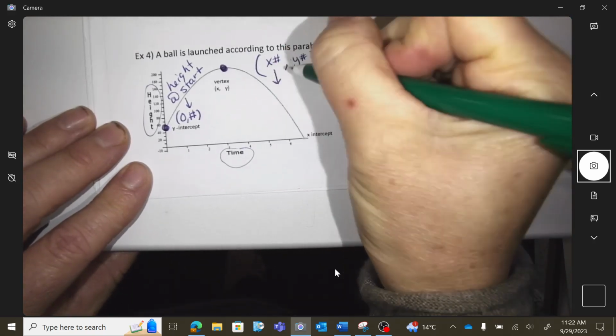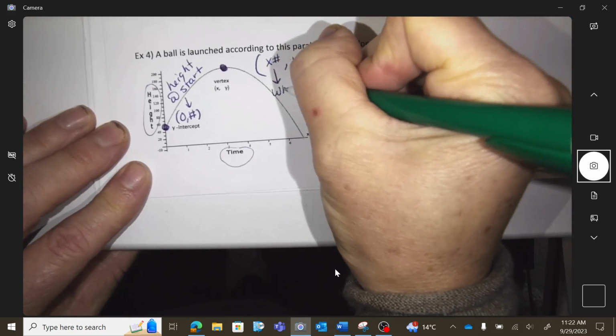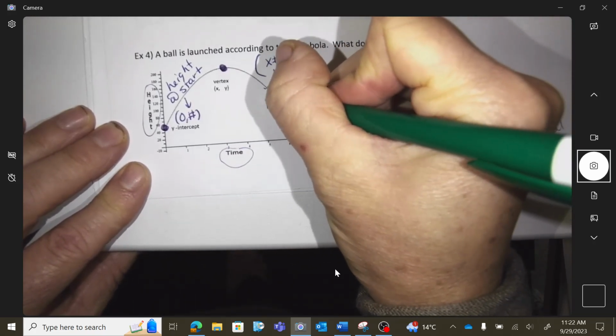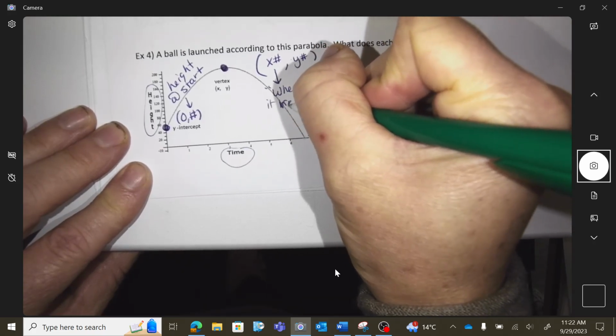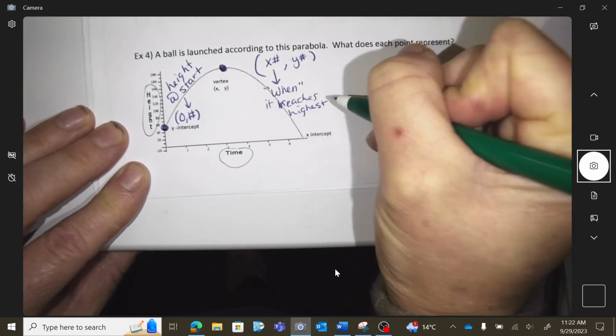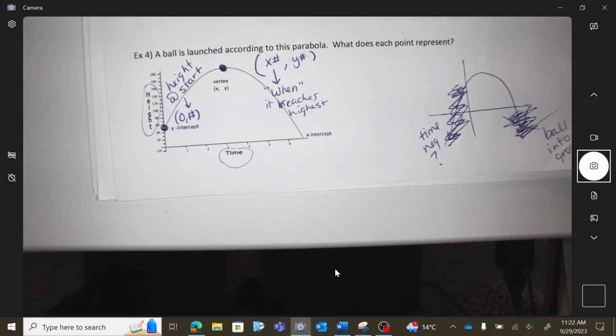Whatever number is here would tell me when it reaches highest. It'll tell me the when. How long does it take to go up to the top? That's what it would tell me. How long or when.